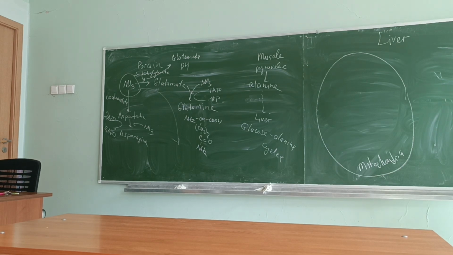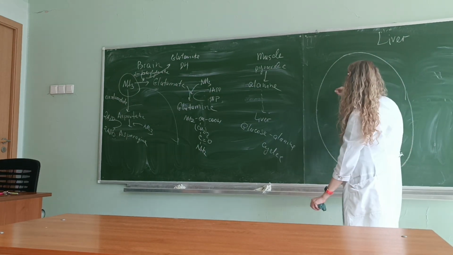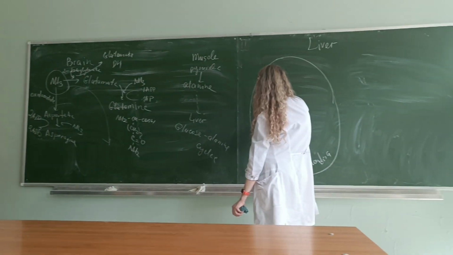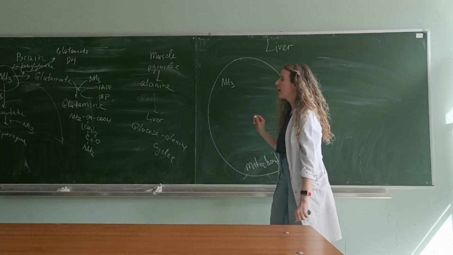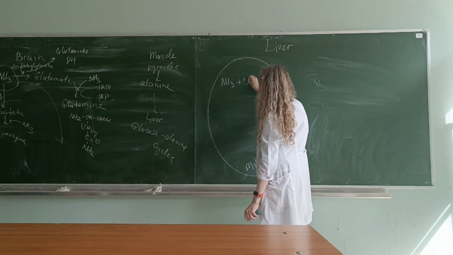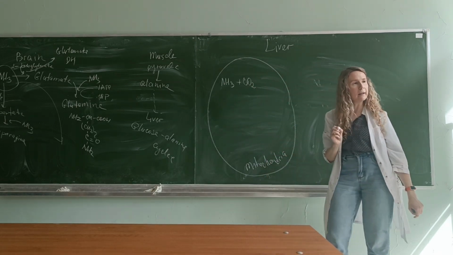And we learn the urea cycle just like we learned the Krebs cycle, by formulas. So, in the liver, we will take ammonia connected with carbon dioxide.